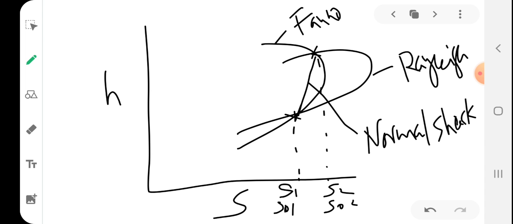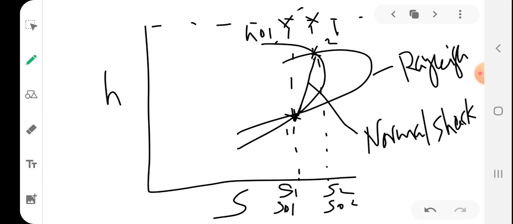If this is state 1 and this is state 2, we know that the stagnation enthalpy will be the same for both states. So H01 will be equal to H02, equal to H0.